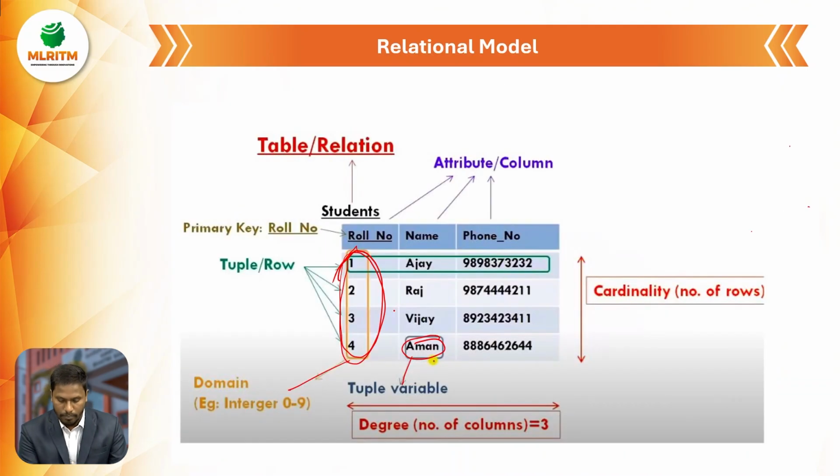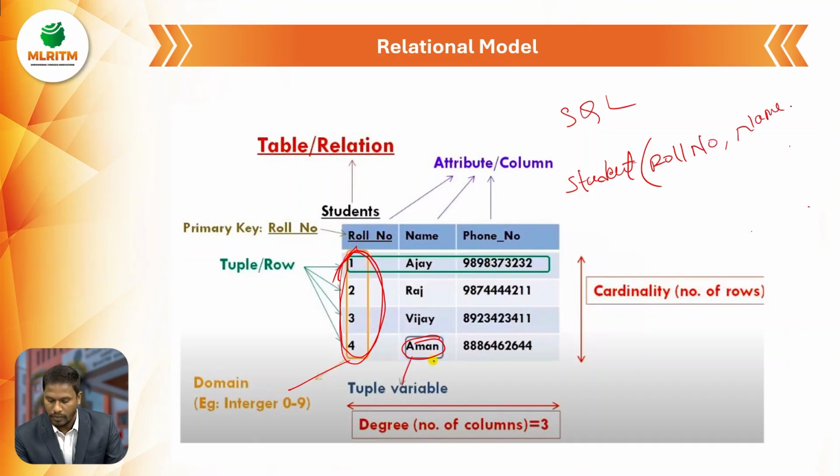This complete structure we write in SQL: student, the table name, roll number, comma, name, comma, phone number.